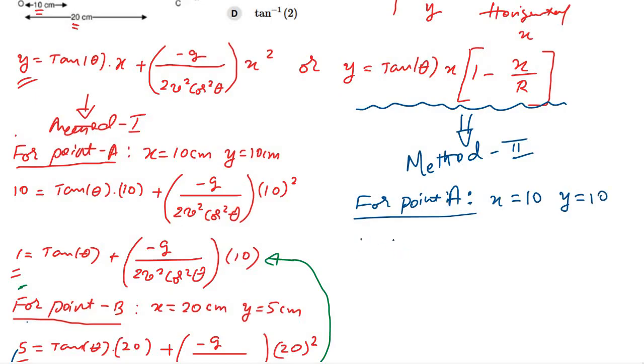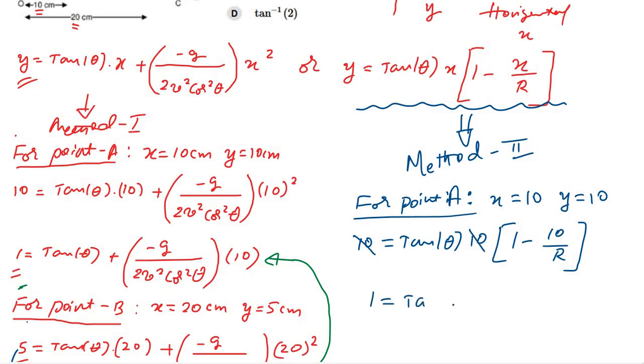So then what do we get? 10 equals tan theta into 10, in the bracket 1 minus 10 divided by r. You can solve it further. Here is 10, here is another 10. So it is 1 equals tan theta times 1 minus 10 divided by r. This is my first equation.